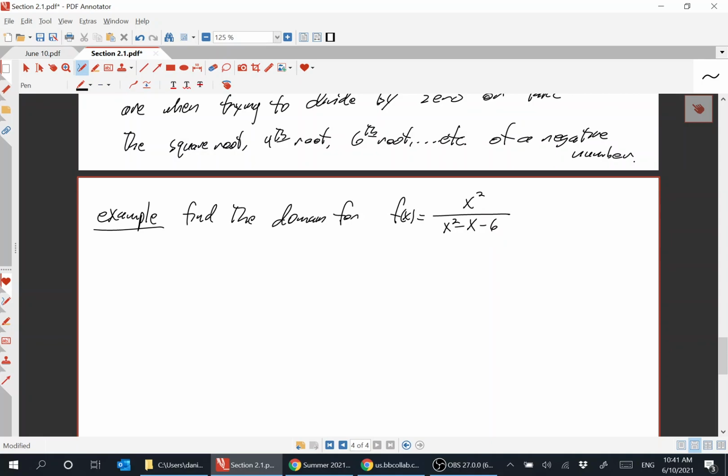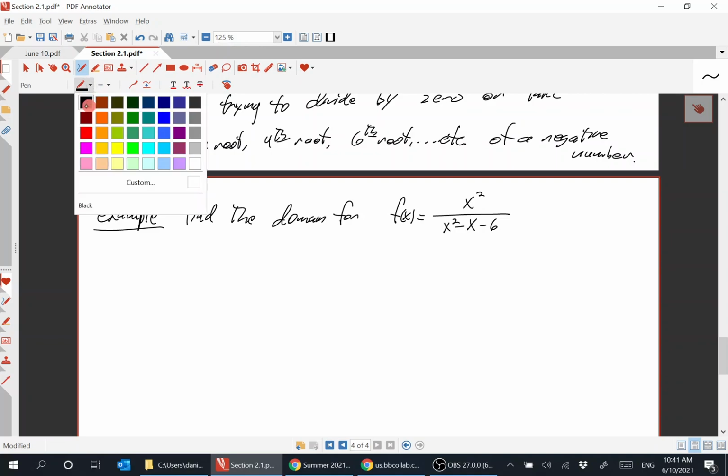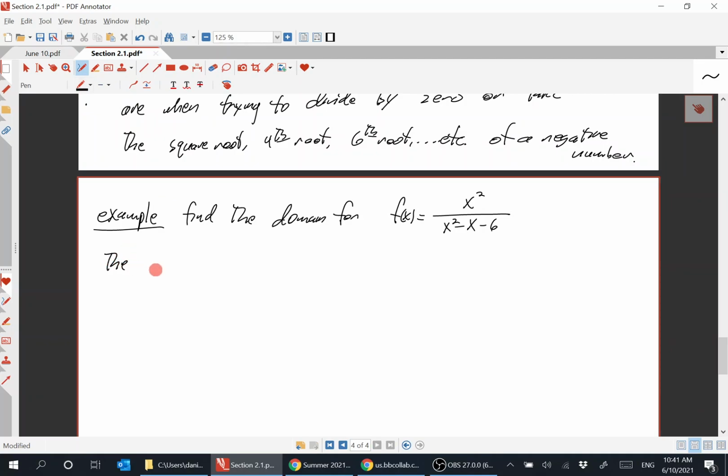Well, the only problem here is division by 0. Polynomials are just defined with addition and multiplication, and that's defined for all real numbers. So the only issue here is division by 0.